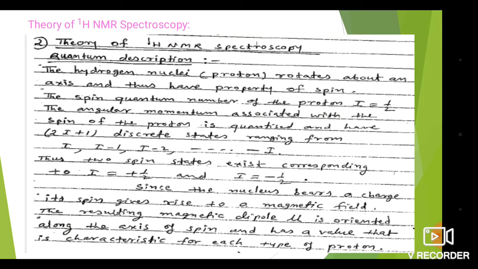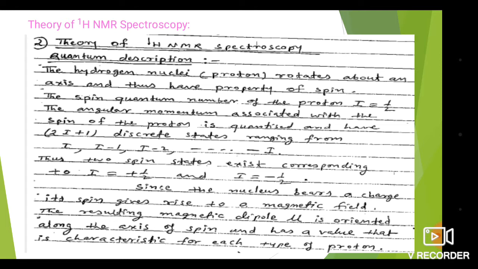The H1 NMR is nothing but proton nuclear magnetic resonance spectroscopy, in which we learn about the structural determination of organic compounds with the help of protons. So let's begin with the theory of H1 NMR spectroscopy.